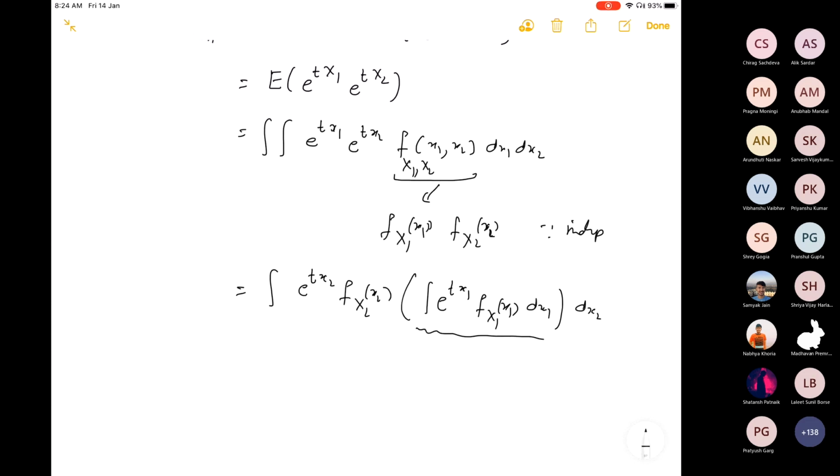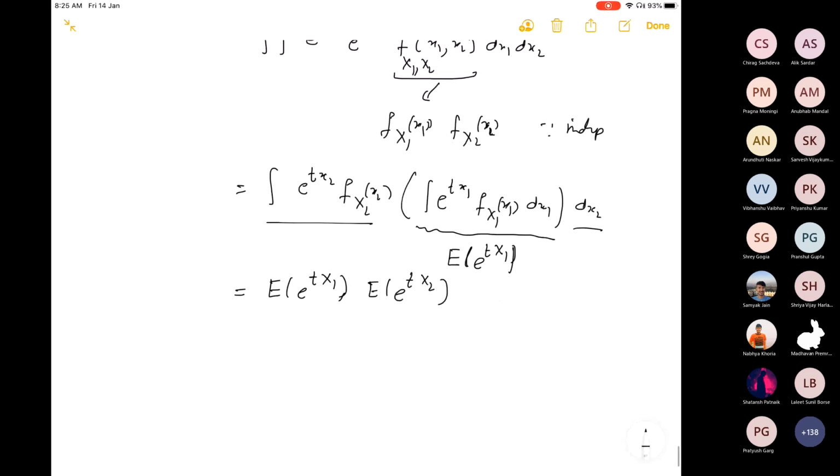This is nothing but the definition of the expected value of e raised to power t x1. Once this comes outside, the expected value of e raised to power t x1, the inside quantity will be the expected value of e raised to power t x2. This is nothing but the moment generating function of x1 at t, and this is the moment generating function of x2 at t.